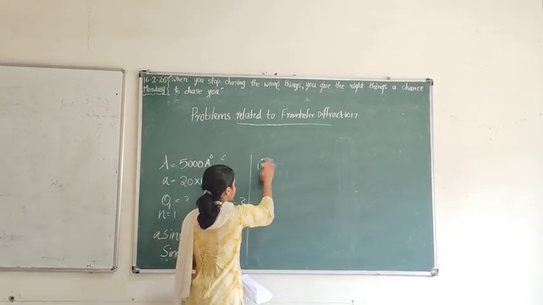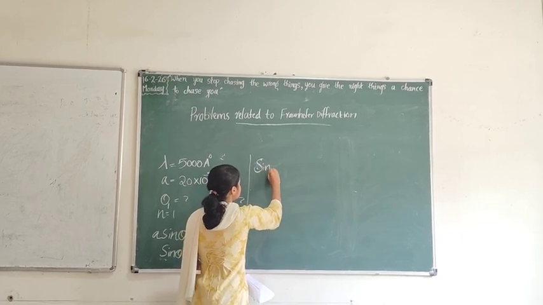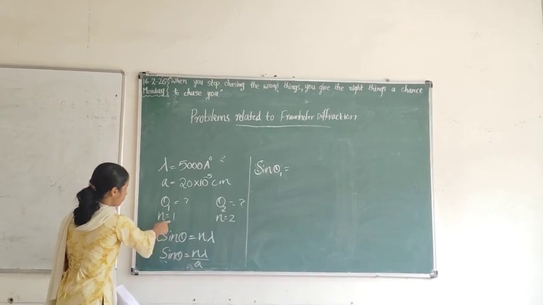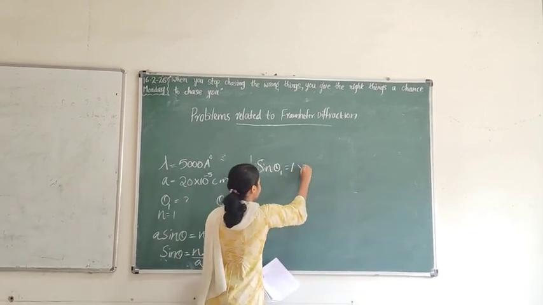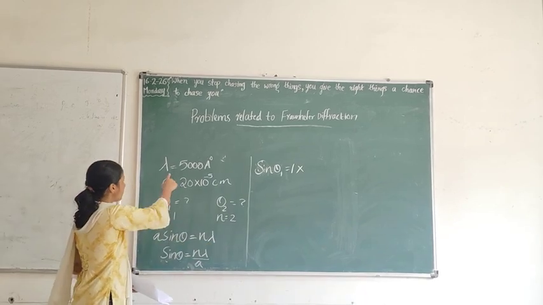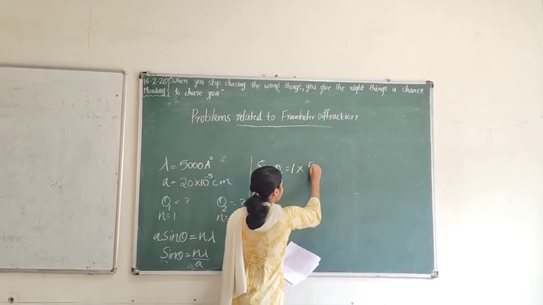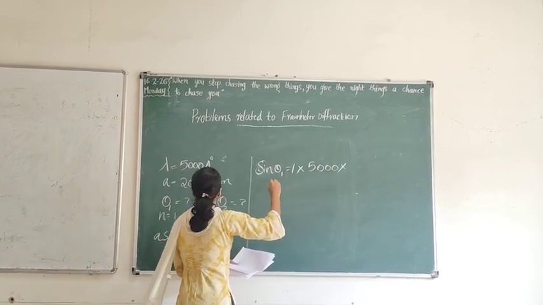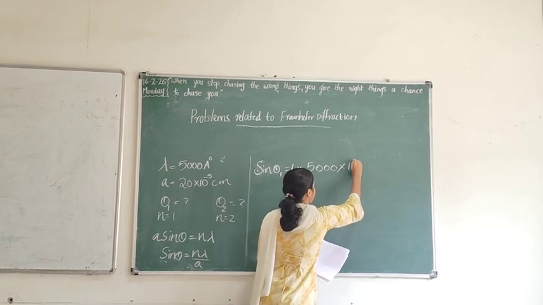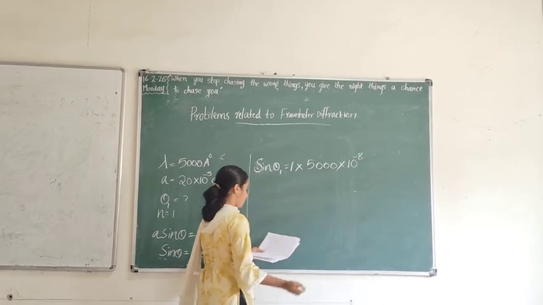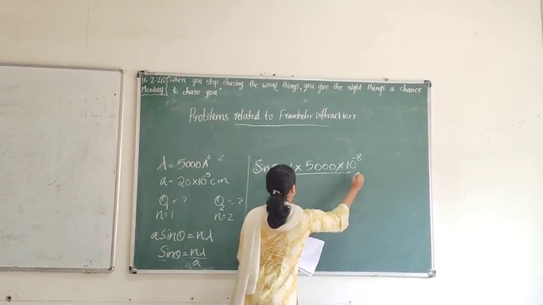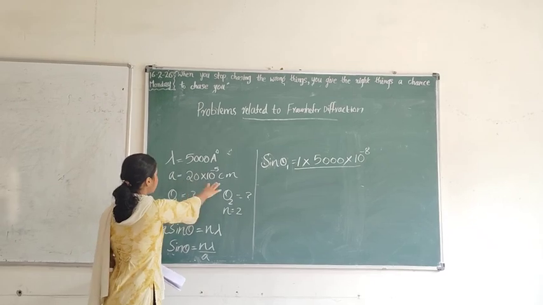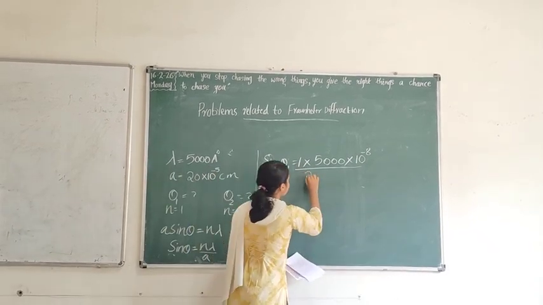Sin theta 1 is equal to, we know in theta 1 n is equal to 1. Then 1 into lambda is 5000 converted into centimeter, that is into 10 raised to minus 8. Okay, then divided by A, which is 20 into 10 raised to minus 5 centimeter.